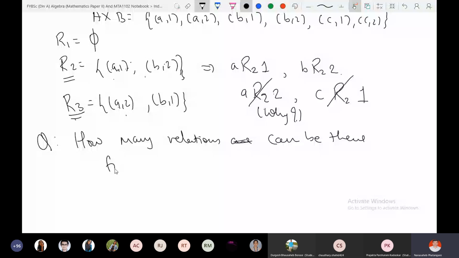Because a relation is a subset of A cross B, but how many subsets can we produce? The answer is very simple now.